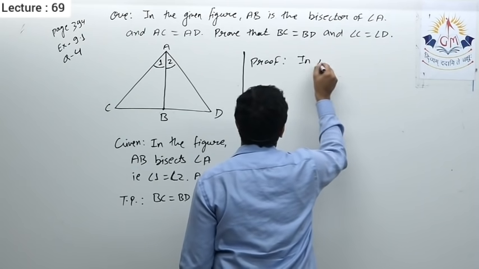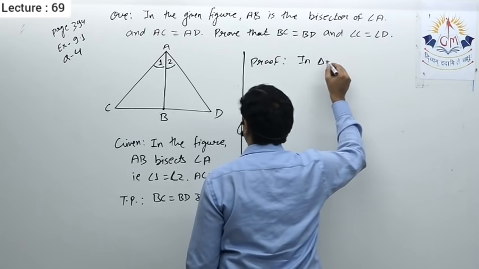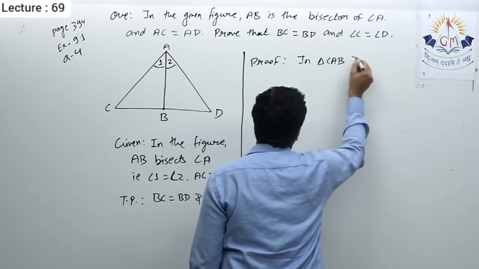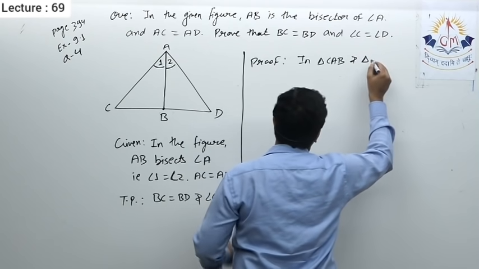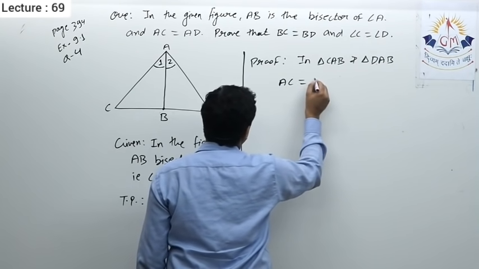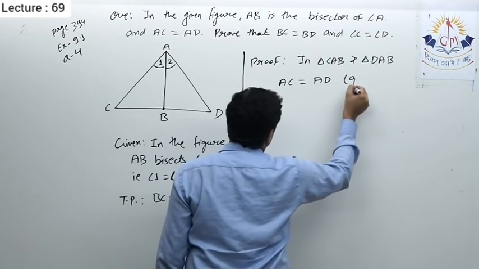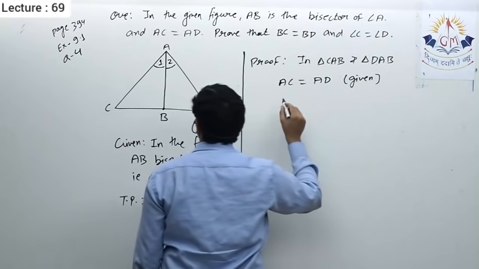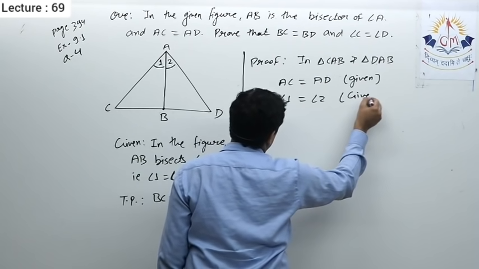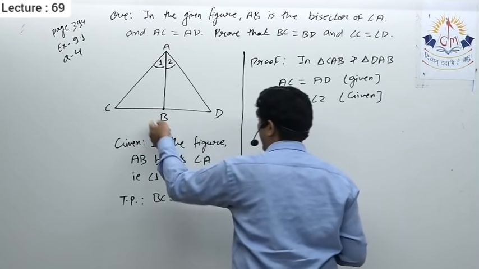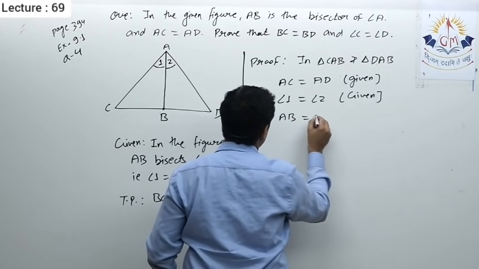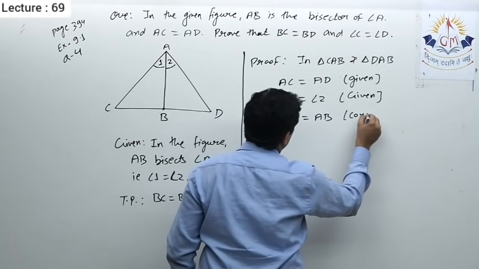In triangle CAB and triangle DAB, AC is equal to AD, it is given. Then angle 1 is equal to angle 2, again given, since AB bisects the angle. And AB is equal to AB, that is common.